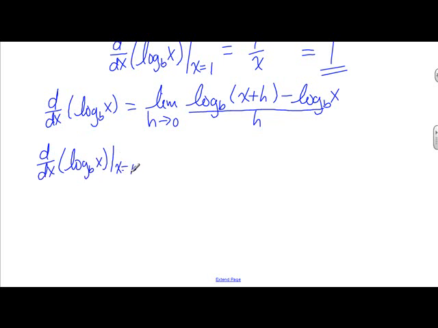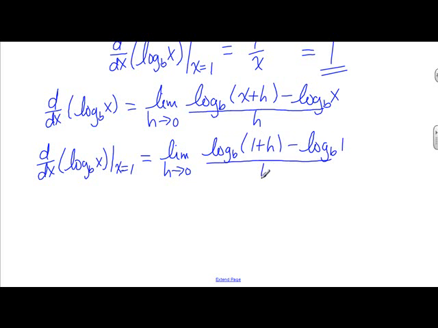So, the limit as h approaches 0 of log base b of 1 plus h minus log base b of 1, divided by h. Now, log base b of 1 is 0, because the natural log of 1 is 0.